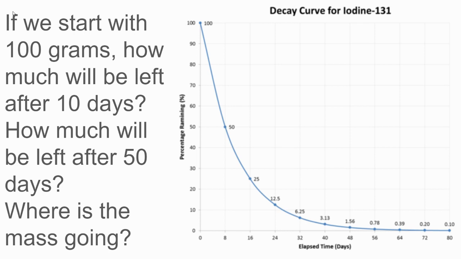So after 10 days, we're about at 40. Somewhere in there. How much will be left after 50 days? 1.2. Okay, a really small number, right? Very good. So 50 will be in here somewhere, and it's going to be between 1.56 and 1.78.